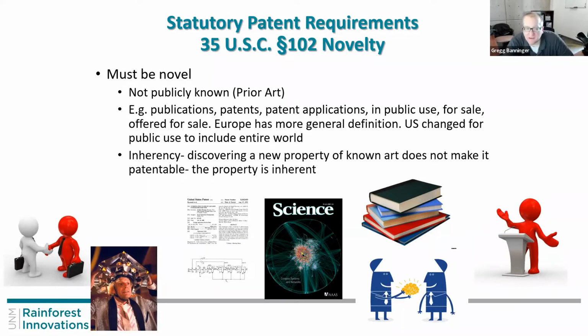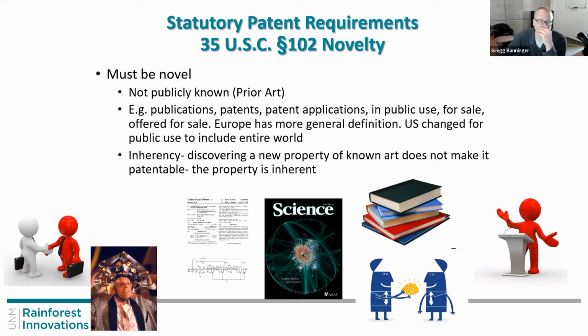If you offer to sell it, or if you use the invention in public and someone can determine what the invention is and it enables them to do what the invention does, that could be considered prior art as well. For the most part, a lot of the prior art searching will focus on what's available publicly on the web, in print, in scientific papers, and patent applications.